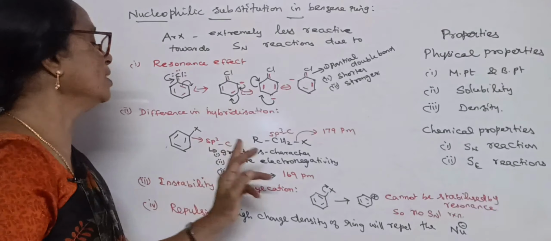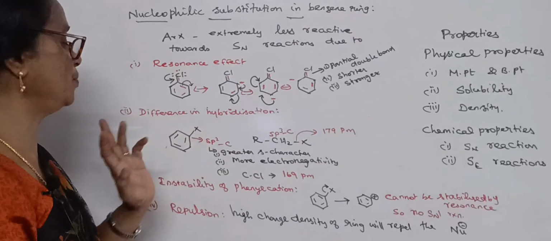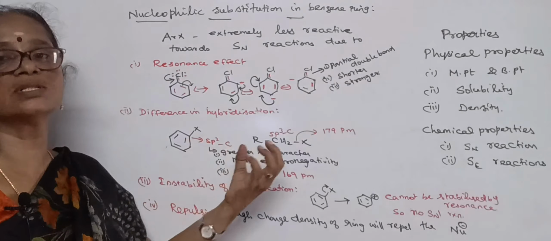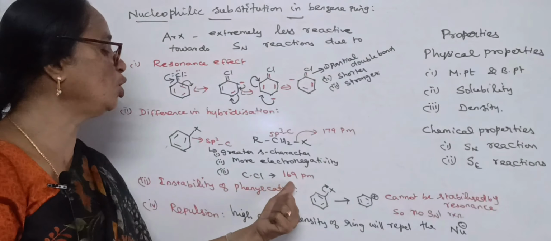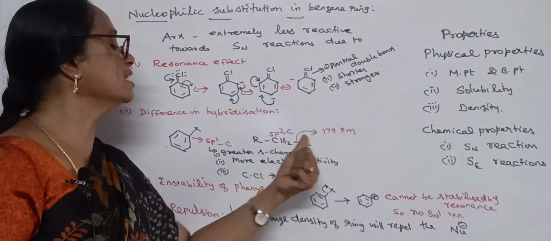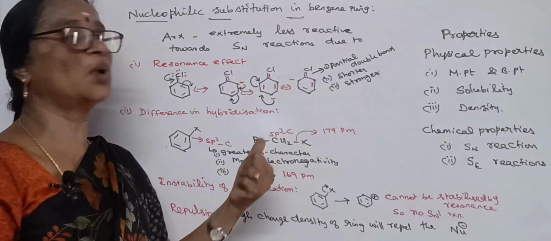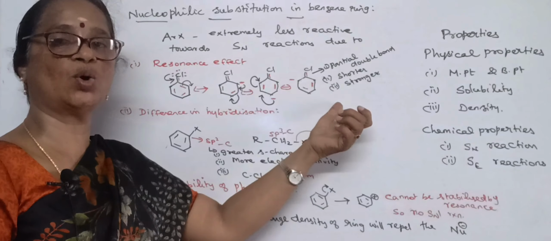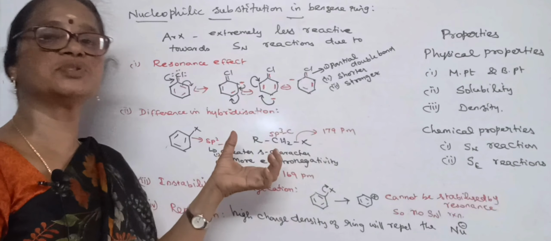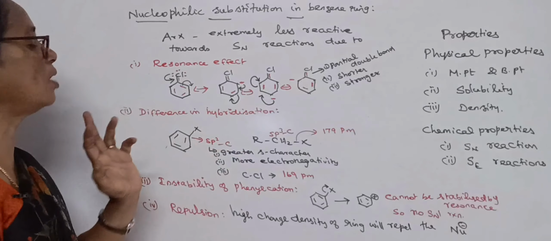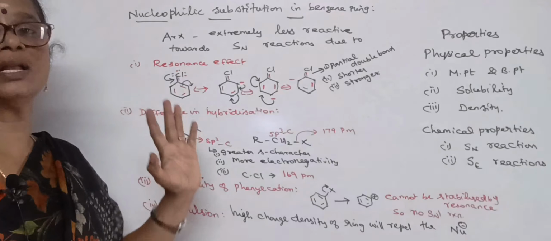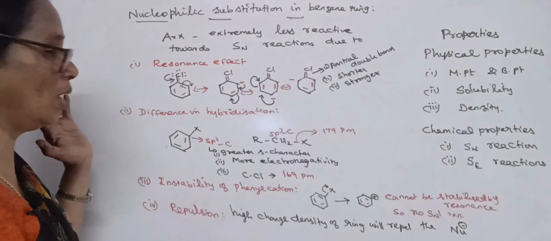Because of the greater s character of the sp2 carbon, the carbon halogen bond length is shorter, found to be 169 picometer. But in alkane, the sp3 carbon and halogen bond length is 179 picometer. So, with shorter bond length, the bond becomes stronger between the sp2 carbon and halogen. So, breaking of the carbon halogen bond is not possible in haloarene.